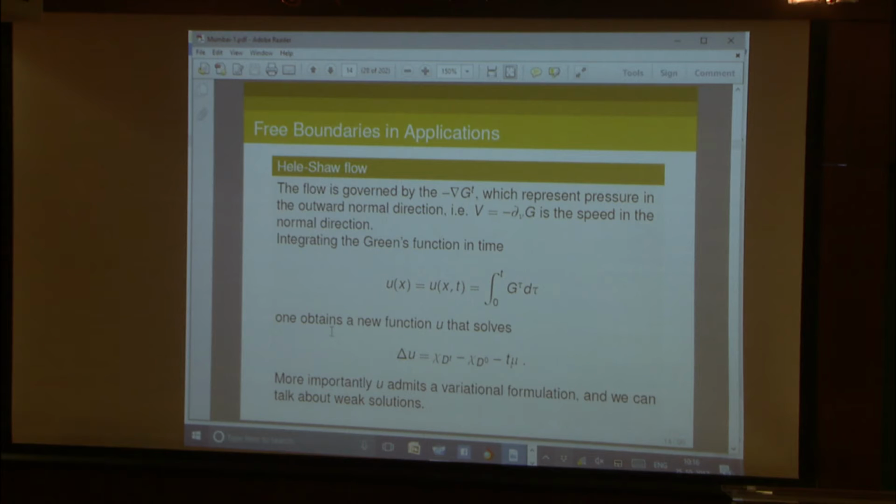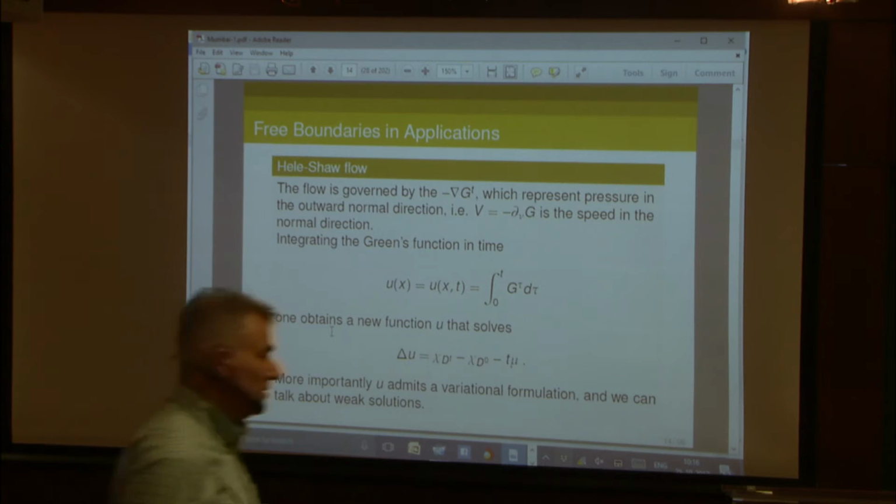If your initial domain D0 here is smooth, then you can, for short time, solve it with the implicit function theorem, or maybe other methods, I don't know. There are some solutions of this problem. They prove existence of a solution for short time, because as time goes on, the solution is not necessarily smooth, because of the example I just told you about.